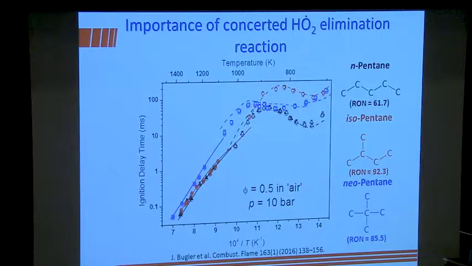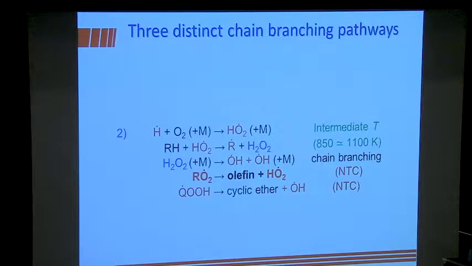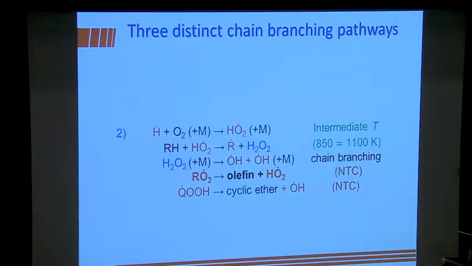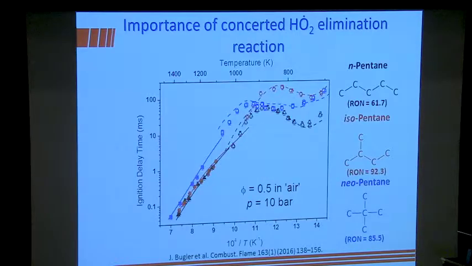Why? Because one reaction pathway that is very important for NTC behavior is the concerted elimination, RO2 giving olefin plus HO2. And you cannot get that for neopentane. You cannot get the concerted elimination.